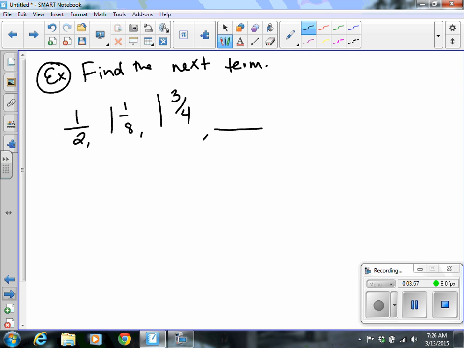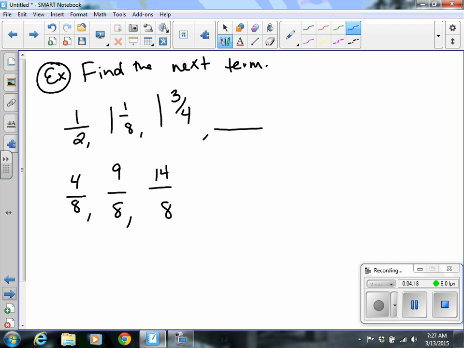All right, because I said it was helpful to switch them to improper fractions over 8, that's what I'm going to do. So 1/2 is 4 over 8. 1 1/8 is 9 over 8. 1 3/4 is 14 over 8. So this is going to help me find my pattern a little bit easier.